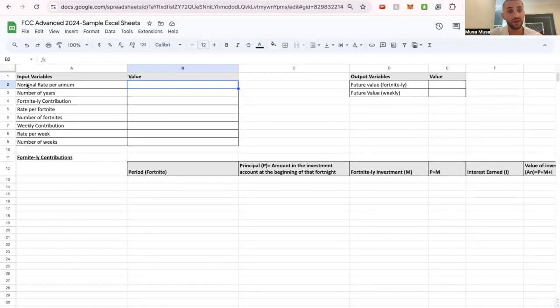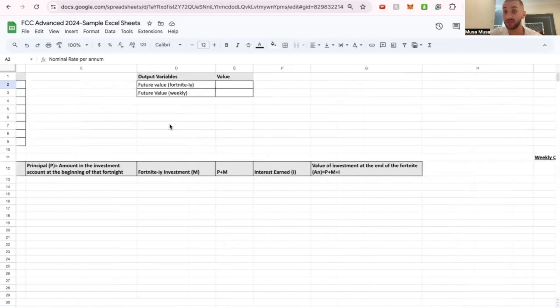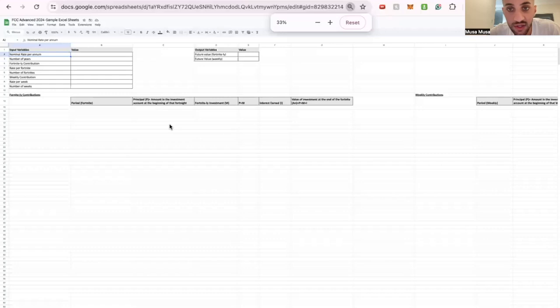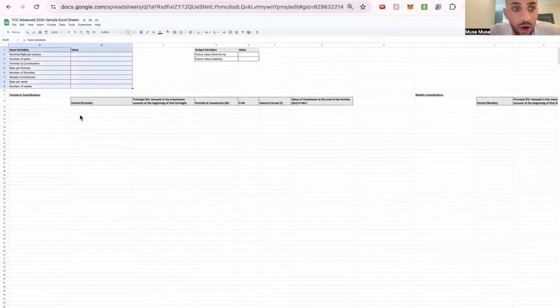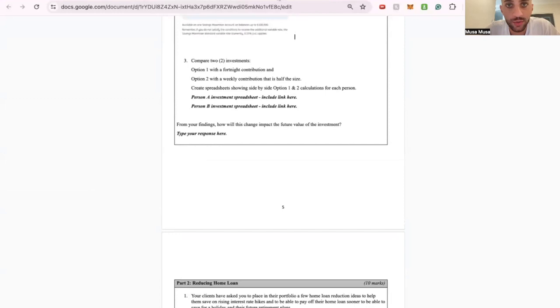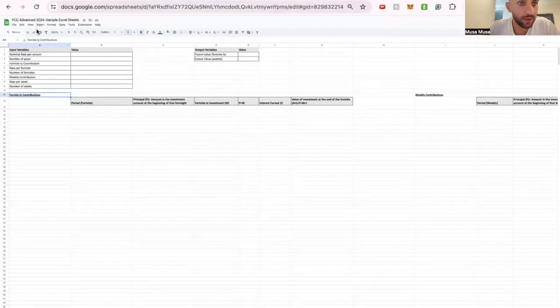So what we're going to put here is, you don't need to write this, this is how I want you to set up your table. So I'm going to zoom out just a little bit so you can see. We have some inputs. These inputs are going to work for both our option 1 and option 2. So fortnightly contributions is option 1. Maybe I'll put that here.